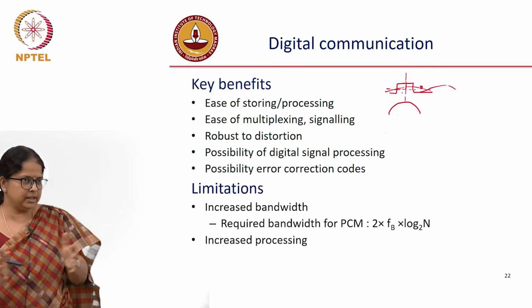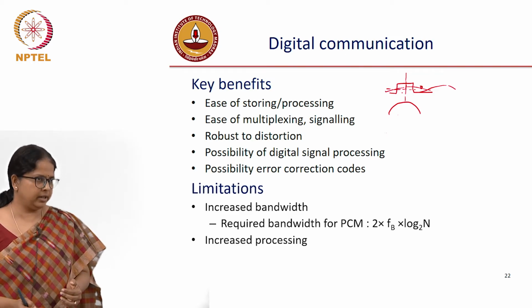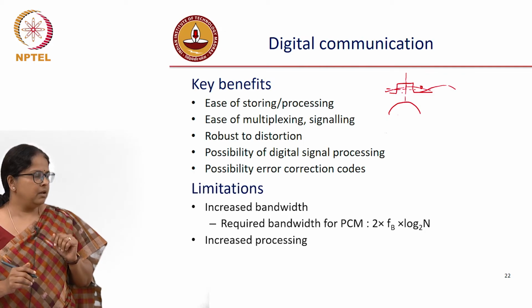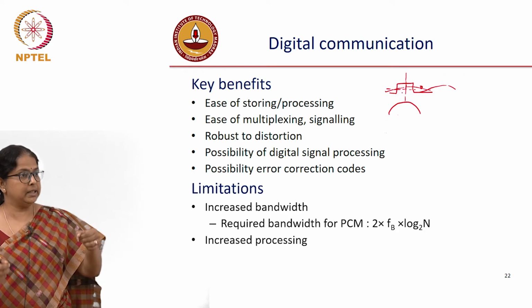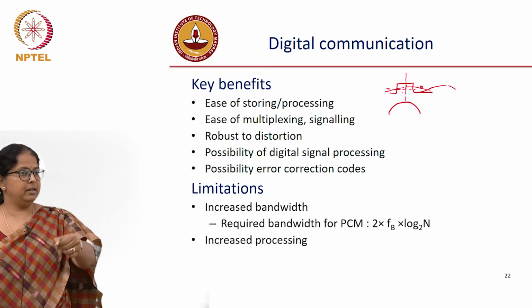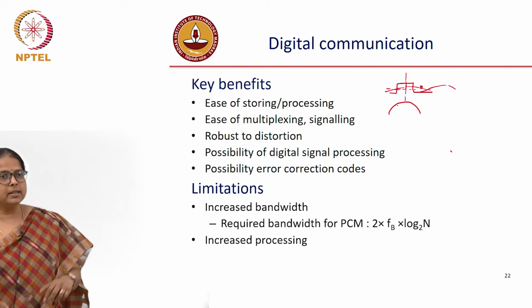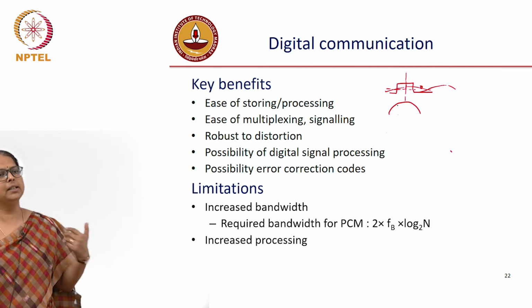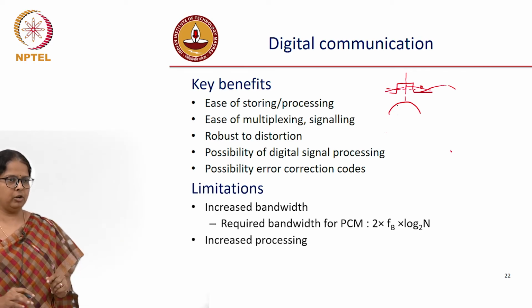So, even though a signal is distorted to a certain extent, you can still do recovery. Threshold detection becomes easier if it is digital modulation, whereas I cannot make such decisions in case of analog modulation. I want to get my signal as it is in analog modulation. So you could tolerate a certain level of distortion if it is digital modulation. That is not possible in analog modulation.